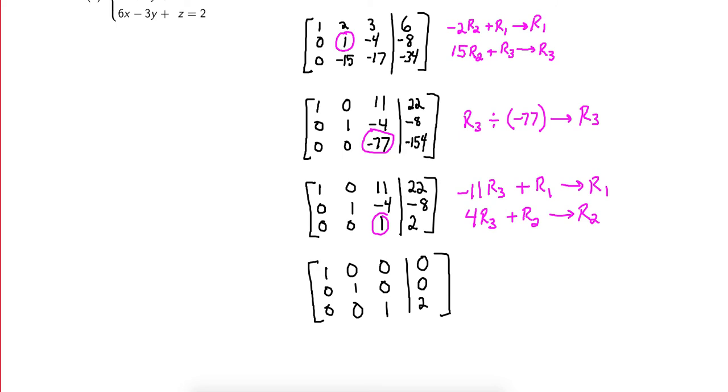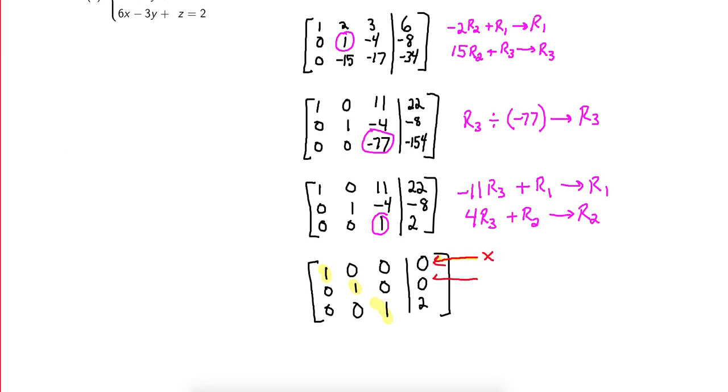So notice that to the left of this vertical line, we got the 1s on the main diagonal and then 0s elsewhere, which means our answer for our x-coordinate, whoops, I knew I would do that eventually. Always do that. Our answer for our x-coordinate, which I thought I had selected with red, is this 0.